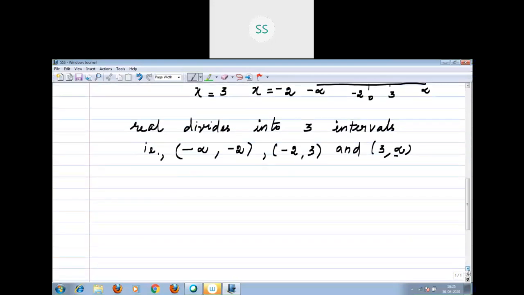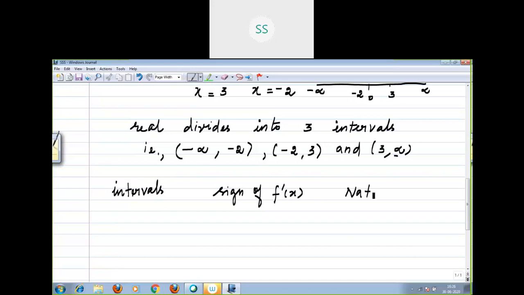Now I am going to draw a tabular column. First heading is intervals. Second heading, sign of derivative. Third one, nature of the function, nature of f of x. Right?